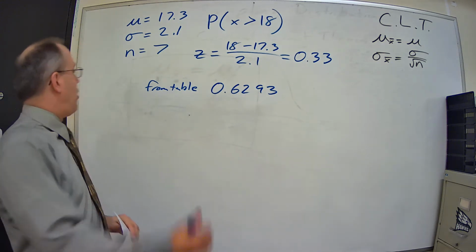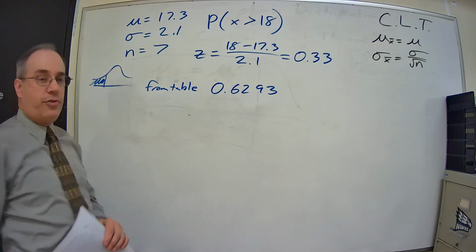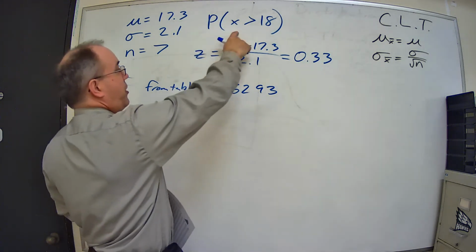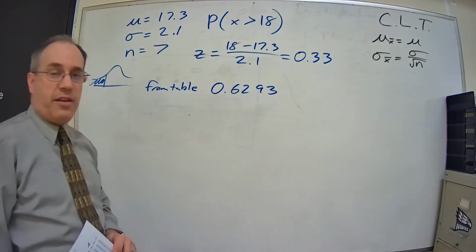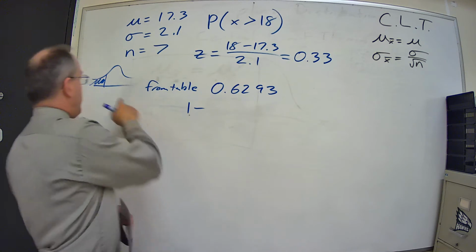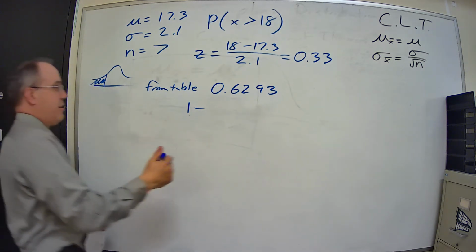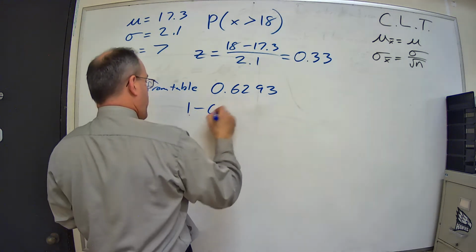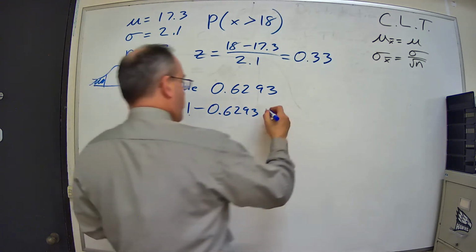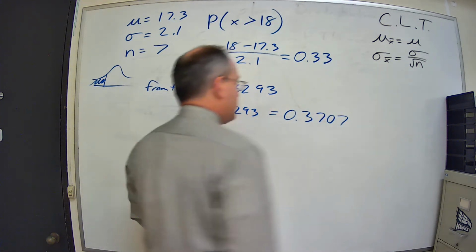So when z is equal to 0.33, we get 0.6293 from the table. Remember, the table always gives us the area to the left. We're looking for the probability that x is greater than 18. So we're going to go 1 minus, right? The table gives us this area. We want this area. So that's 1 minus 0.6293, which gives me 0.3707.